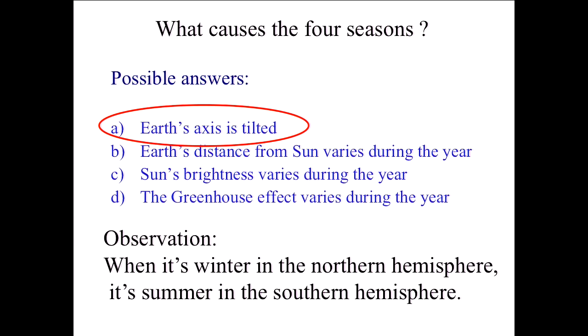Seasons are caused by the tilt of the Earth's axis. I'm going to show you some diagrams of this, and in advance I'll let you know that at Harvard University, they have polled the graduates, the people getting their bachelor's degree, who were given a quiz and asked why we go through seasons, and more than half of the Harvard graduates said it's because the Earth gets closer to the sun or farther from the sun.